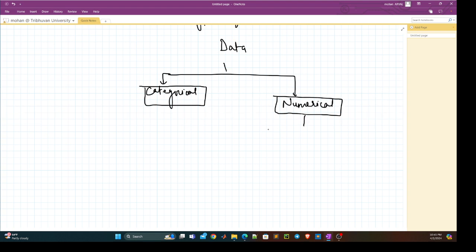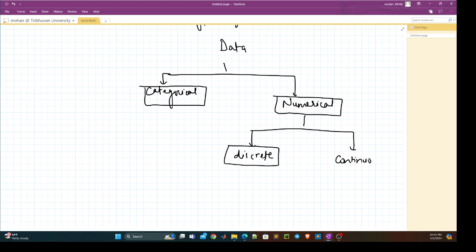In numerical, it can be either discrete or continuous. It can be either discrete or continuous, right?